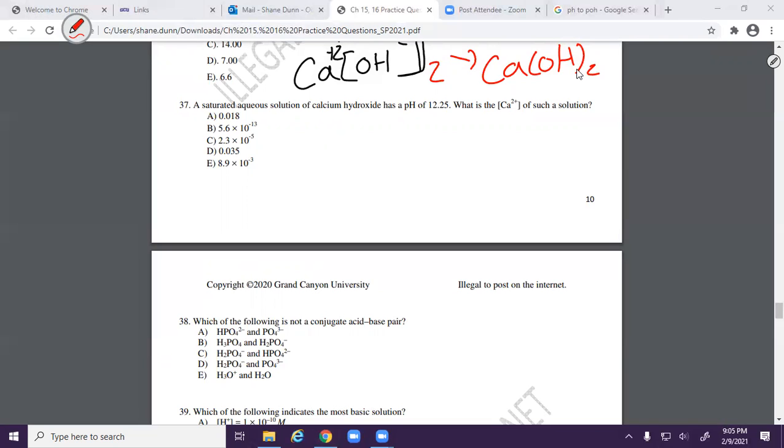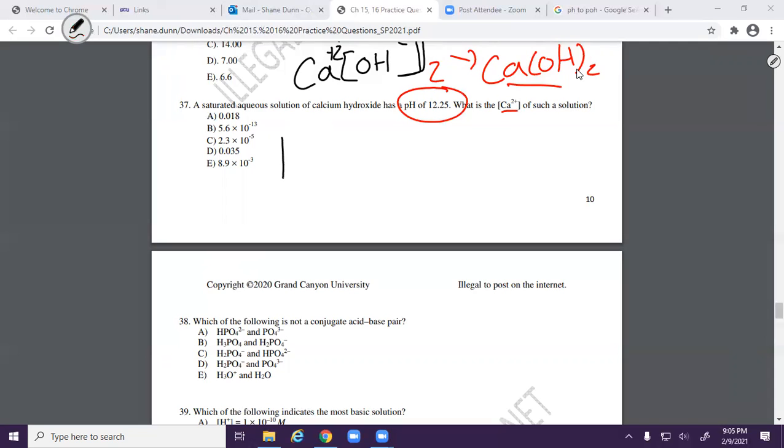So, a saturated aqueous solution of calcium hydroxide has a pH of that. What is the concentration of that guy? Well, is this an acid or a base? Is pH going to help me here? No, pH is not going to help me. If pH doesn't help me, what do I have to use instead? When dealing with bases, what should you use? pOH, right?